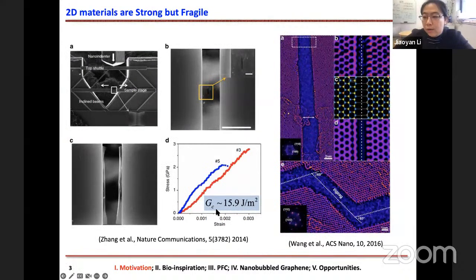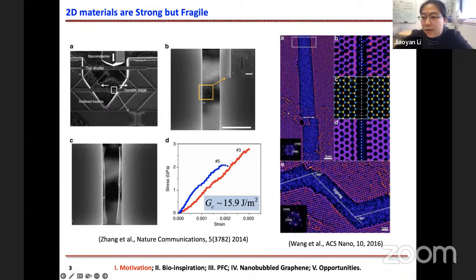Although 2D materials have many superior properties, the bad news is that they are very, very fragile. An in situ fracture test has confirmed that the fracture toughness of graphene is only about 16 joule per meter square. Hexagonal boron nitride is a little bit higher than graphene, but not by much.